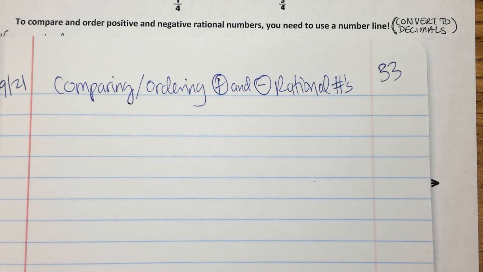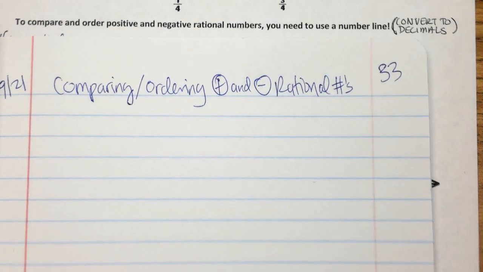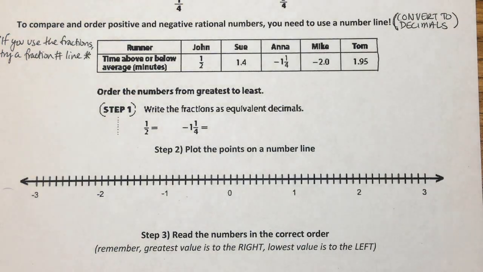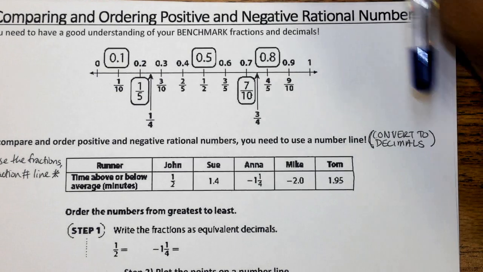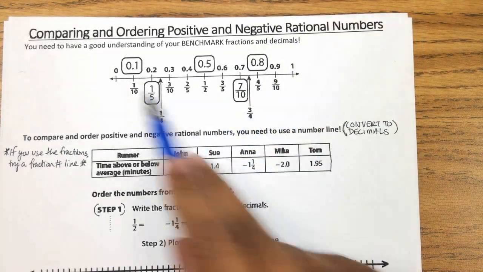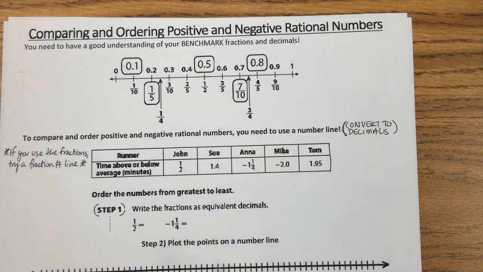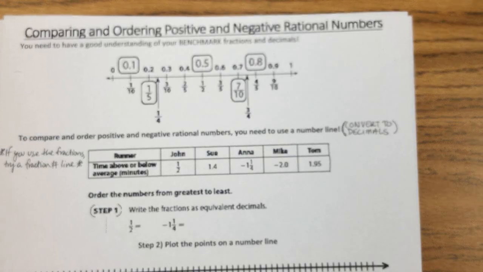Alright, let's go ahead and practice and review. When we glue it in, it's going to be the same way. Now, comparing and ordering positive and negative rational numbers, you want to make sure you know those benchmark fractions. Those benchmark fractions are so helpful.